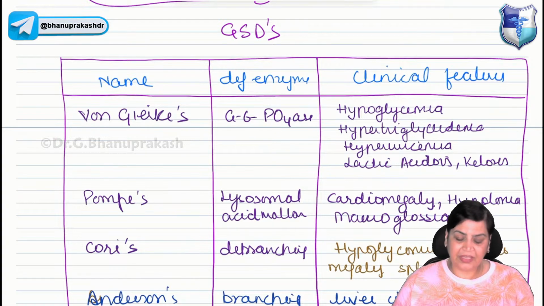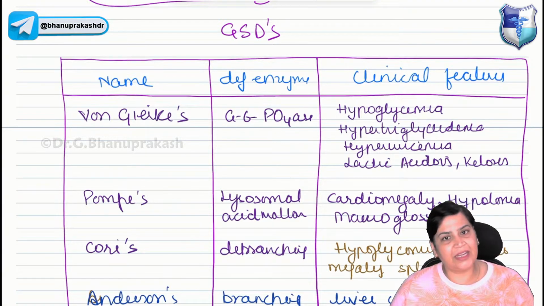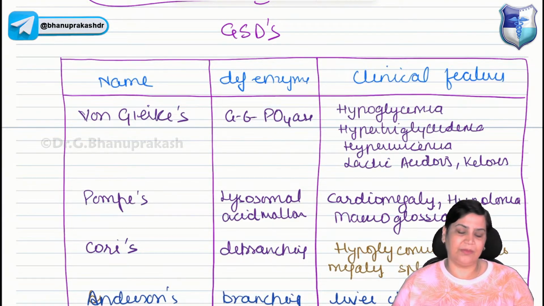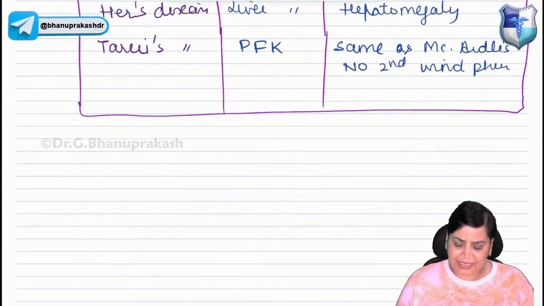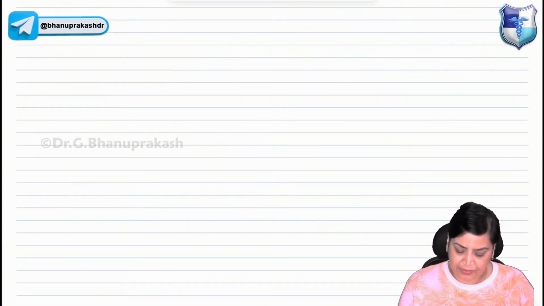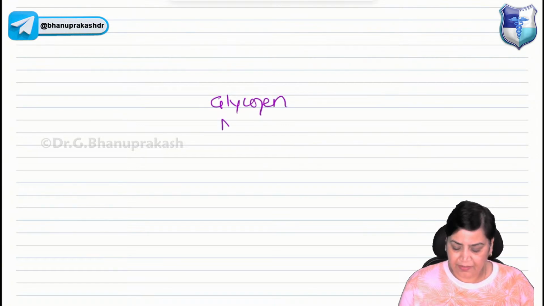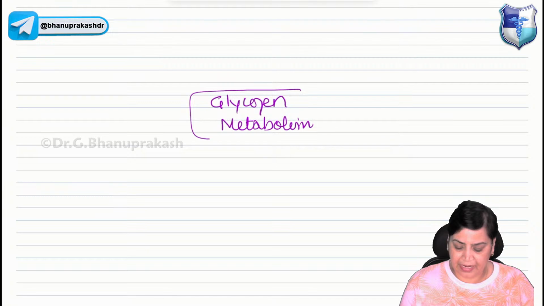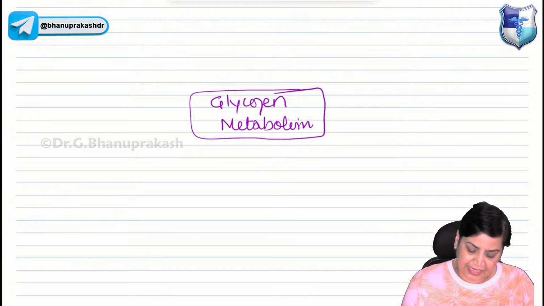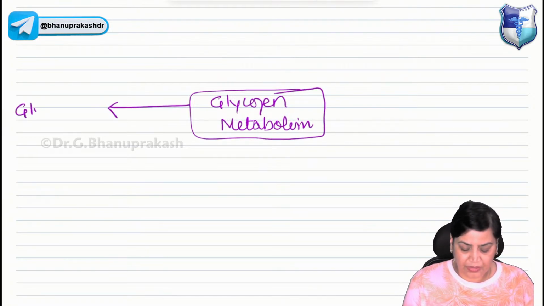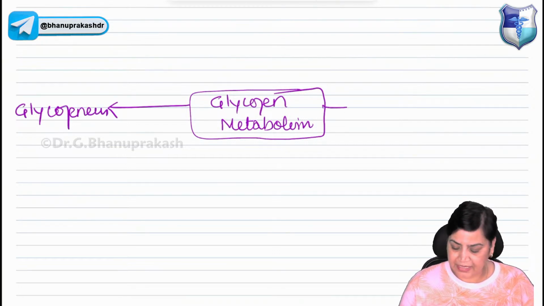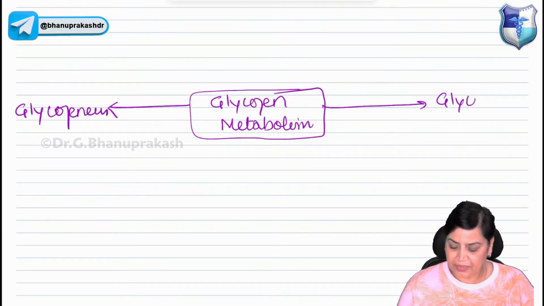And here we finish up with the entire glycogen metabolism. So I can simply summarize the entire glycogen metabolism in the form of a table like this. I can simply say glycogenesis, and here I will write glycogenolysis.